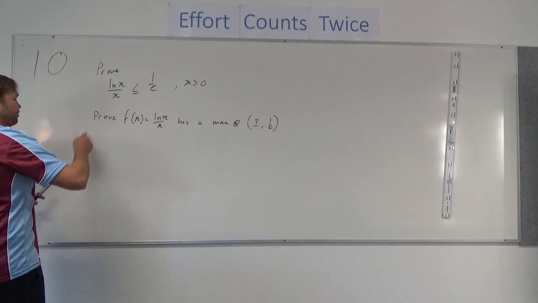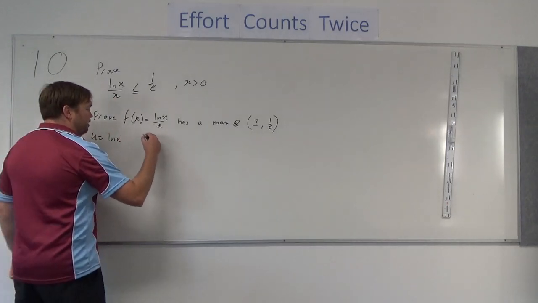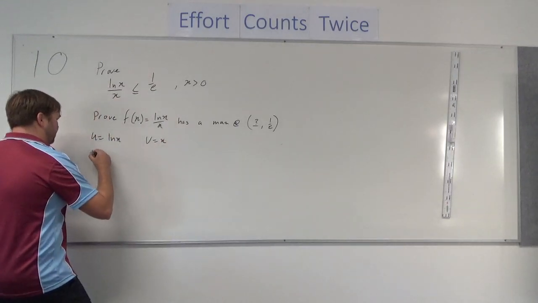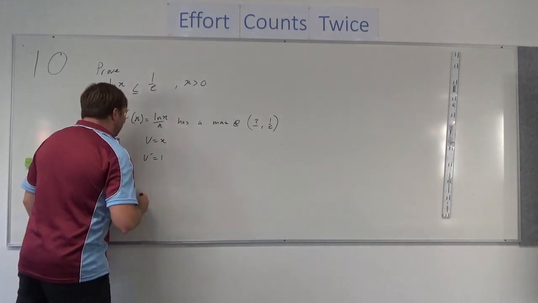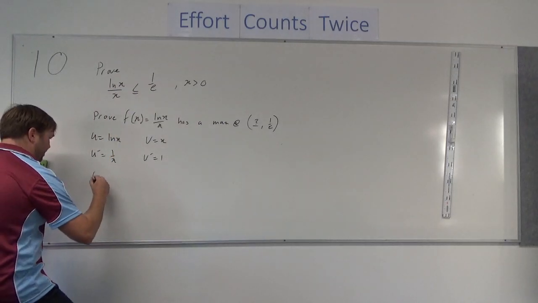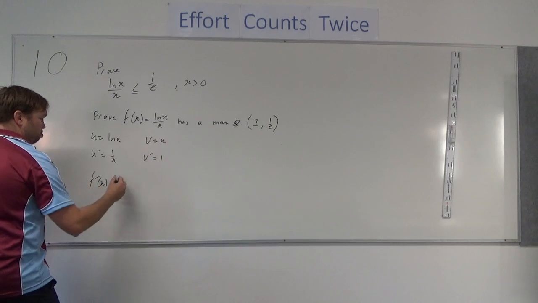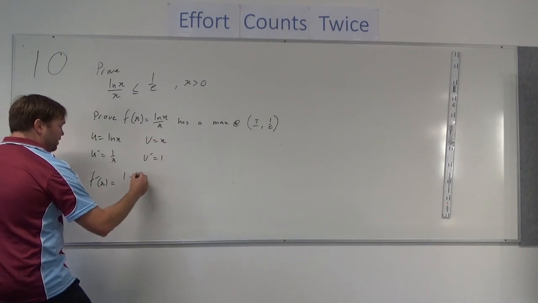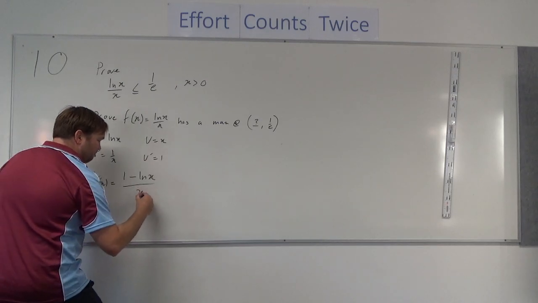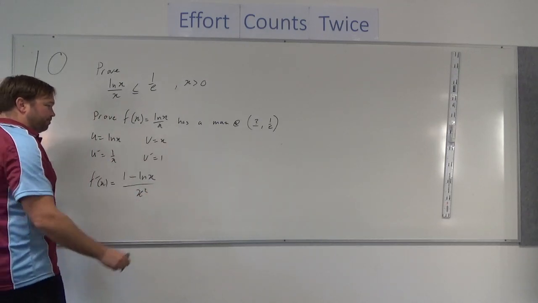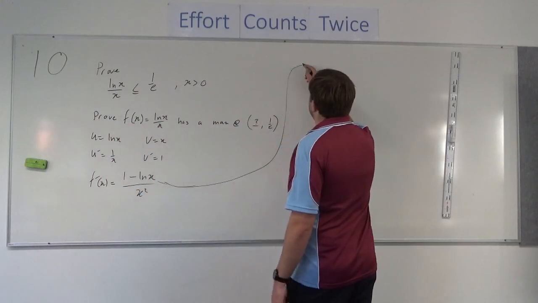So we're going to differentiate this. u equals ln x, v equals x, u dash is 1 on x, v dash is 1. Therefore, f dash x is u dash v minus v dash u on v squared. Well, that's right, I've actually got the funny board.